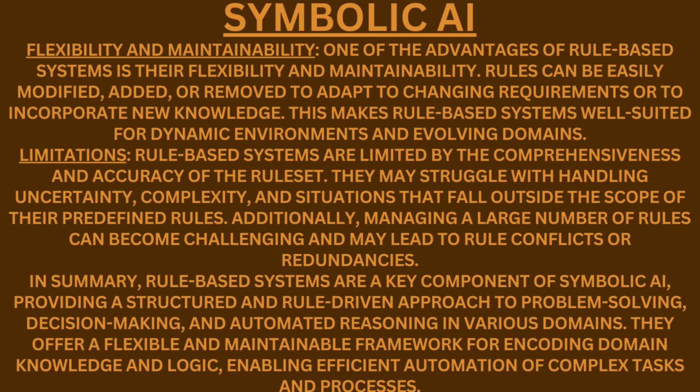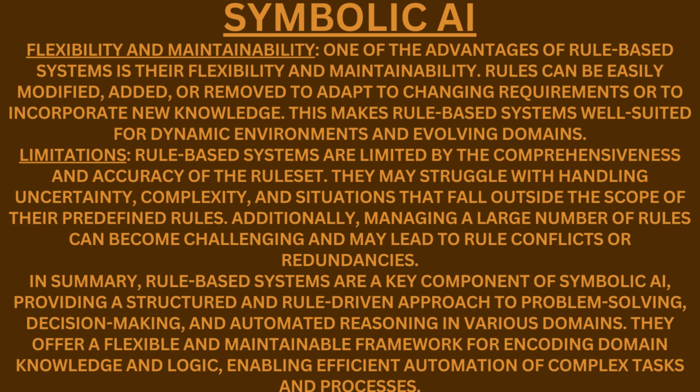Flexibility and maintainability. One of the advantages of rule-based systems is their flexibility and maintainability. Rules can be easily modified, added, or removed to adapt to changing requirements or to incorporate new knowledge. This makes rule-based systems well suited for dynamic environments and evolving domains. Limitations. Rule-based systems are limited by the comprehensiveness and accuracy of the rule set.